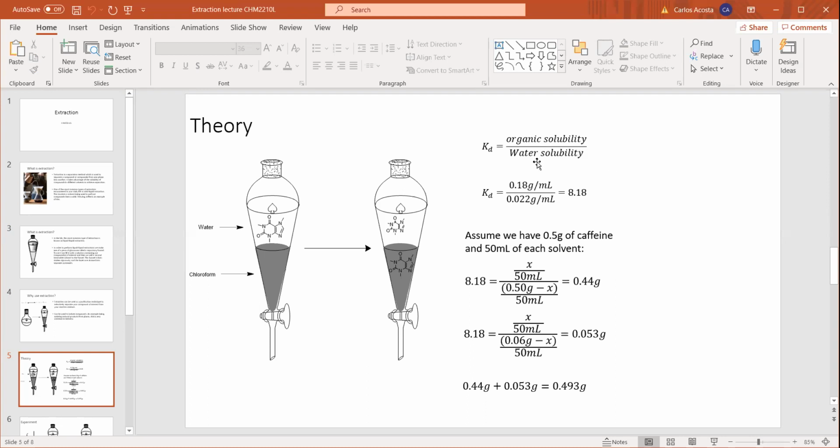So we do this example for this solvent system right here. KD is equal to 8.18. The top number is the solubility of caffeine in chloroform, and the bottom number is the solubility of caffeine in water.